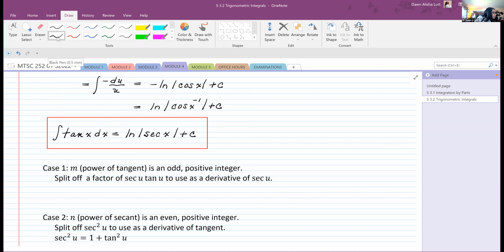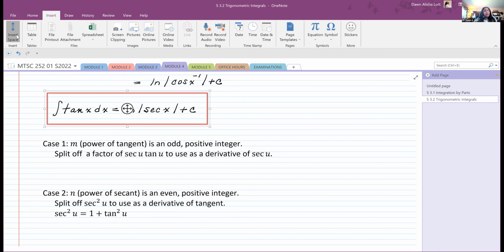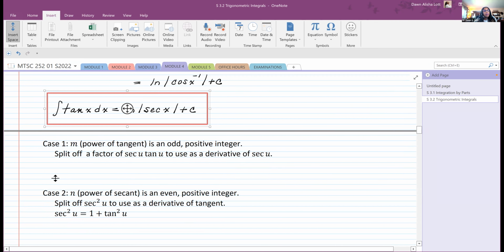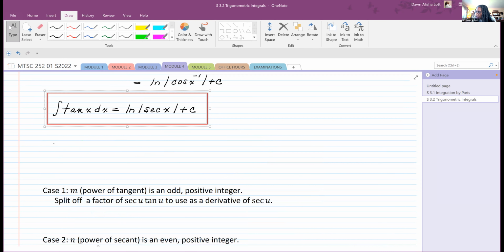Okay, so if we wanted to integrate the cotangent, we would do it the same way. And when we do it the same way, we get the integral of the cotangent of x dx.